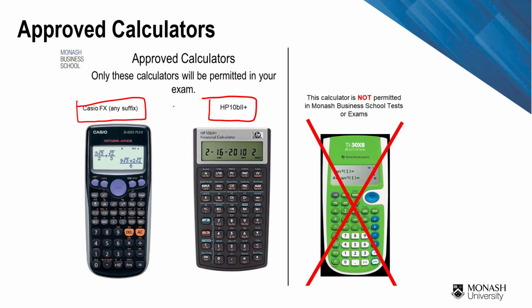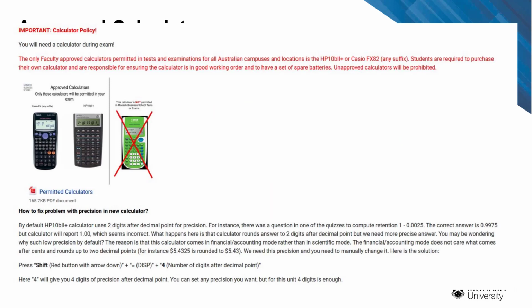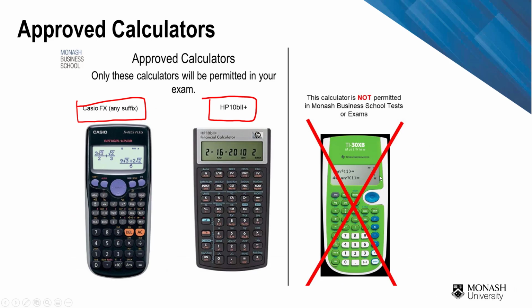If so, check that you are getting the decimal point right. The information on the decimal point can be found under the exam session, where I have put some information on how you should set your decimal places, especially for the HP calculator. Other calculators are not going to be approved, so make sure you bring the right calculator, because that's probably the most important thing.